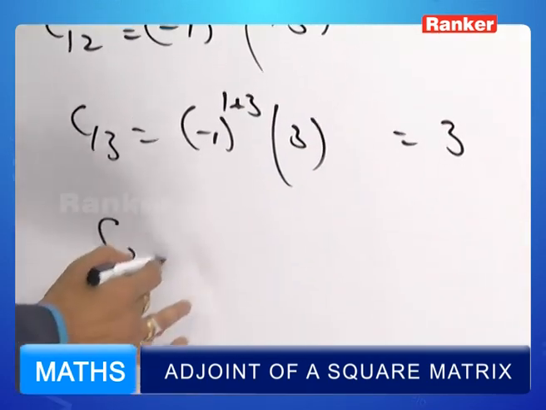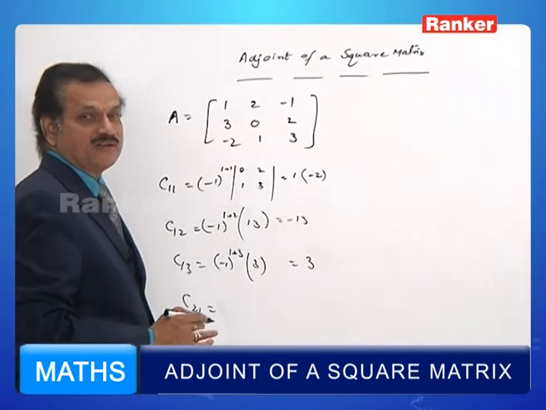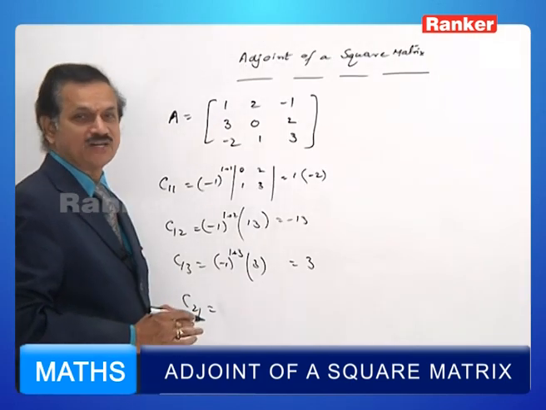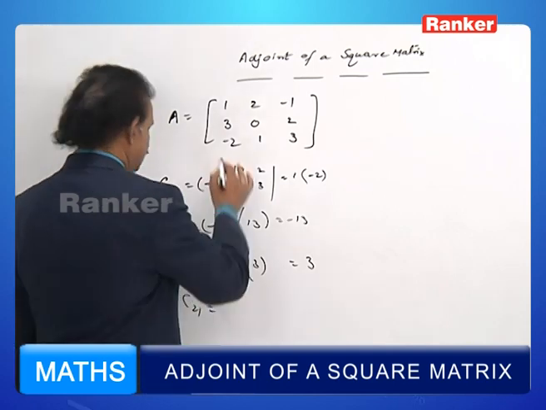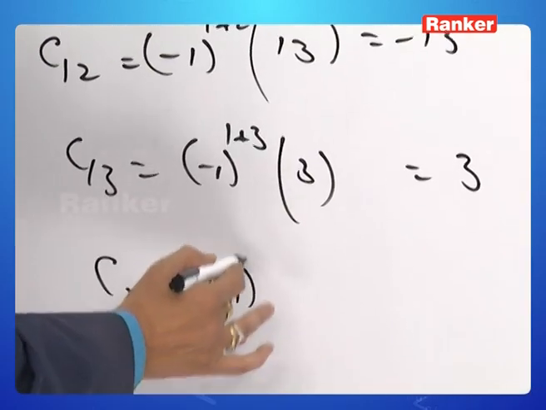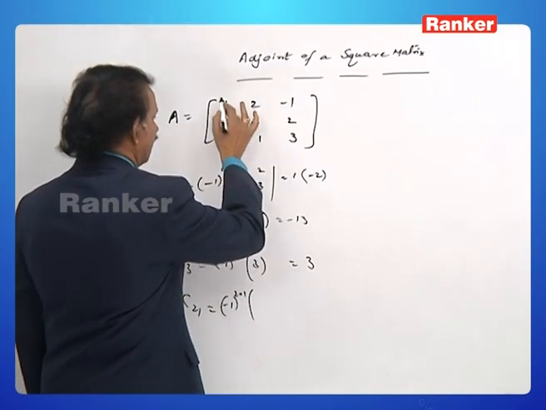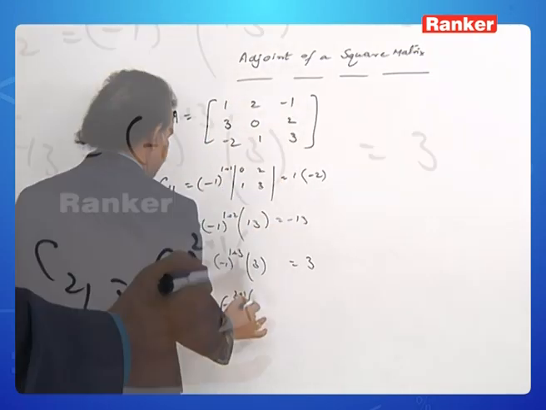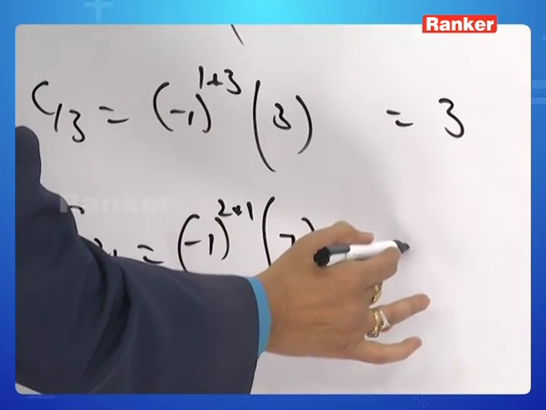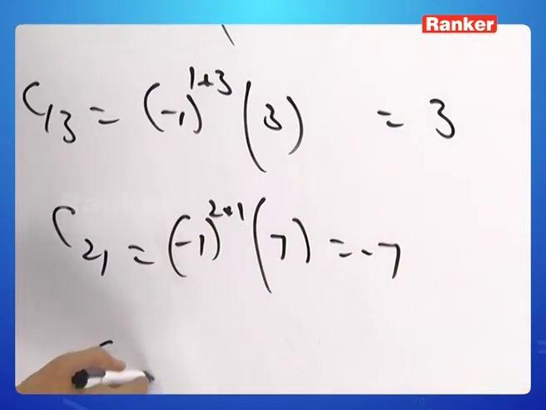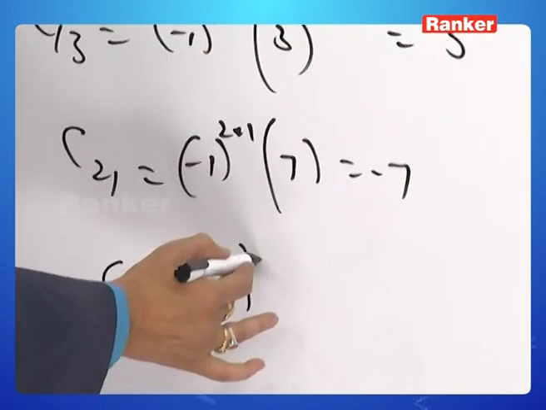Next, C21, the cofactors of the elements of the second row. C21 is -1 whole power 2 plus 1 into, delete second row and first column. 6 plus 1, 7. So it is -7. Just like that, C22. What is C22?